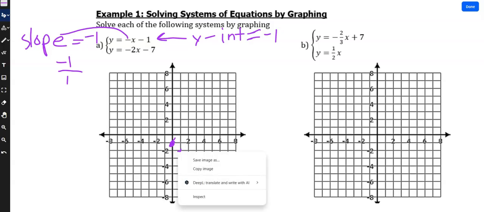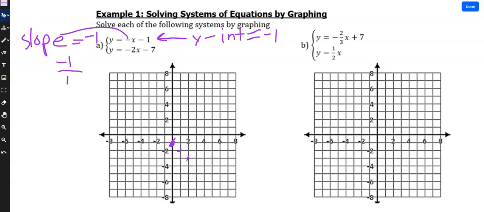So down 1, right 1, and down 1, right 1, and so forth. And so we can get the idea of what the picture looks like. I'm going to use the actual line graphing tool so that I can make a nice looking line, as good as I can possibly make it through all these points. Okay, so there's my one line.